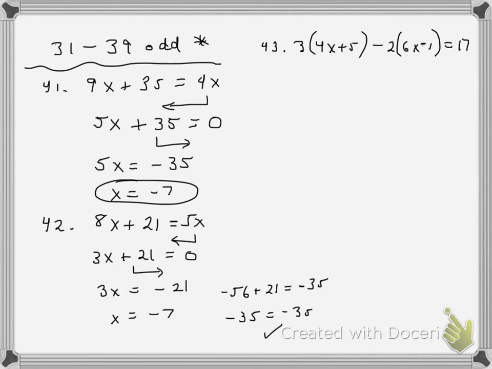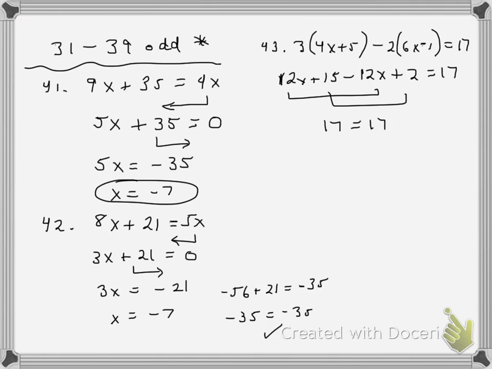So this is problem 43. Go ahead and put it on pause and see if you can work out to the end on your own, and then we'll discuss it. Now this one indeed did have a surprise ending, because from our second step, we have 12x minus 12x. So my x's drop out. 12x minus 12x is 0x, or 0. Okay, so then I end up with a statement 17 equals 17.